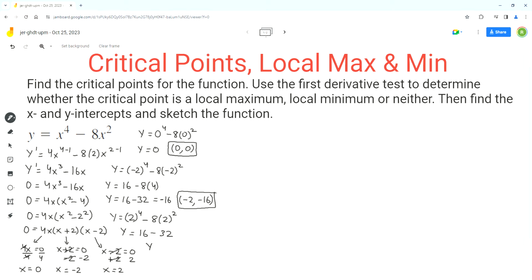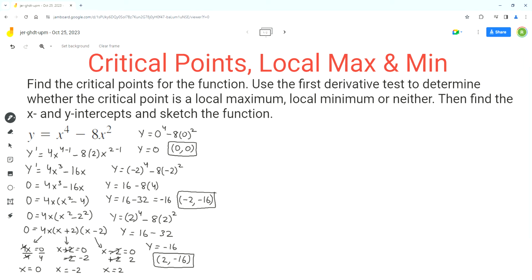So y equals negative 16. So the third critical point is (2, negative 16). So these are the three critical points for this given function, and we are done with the first part.